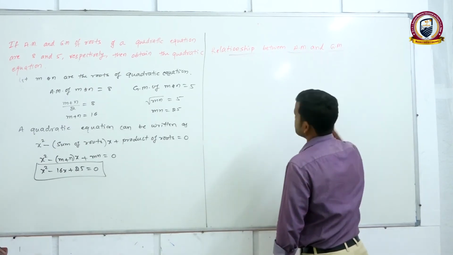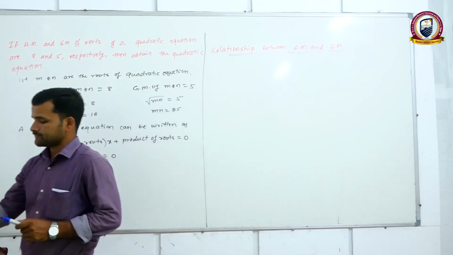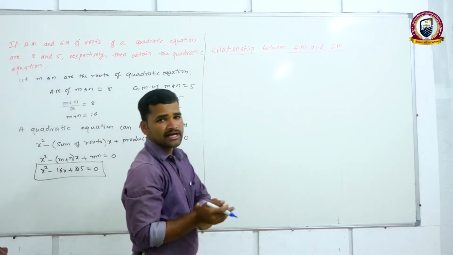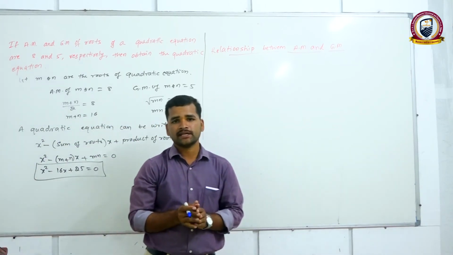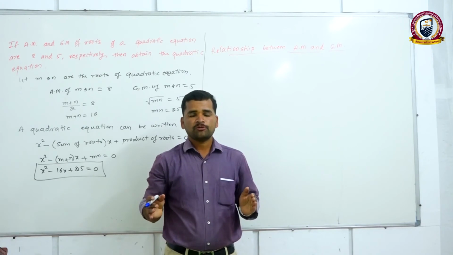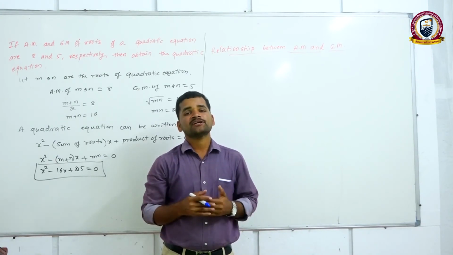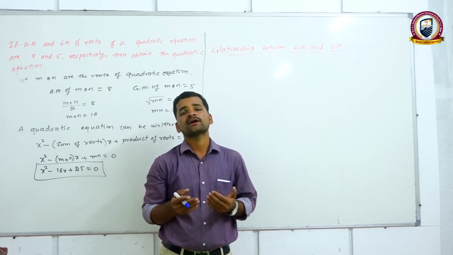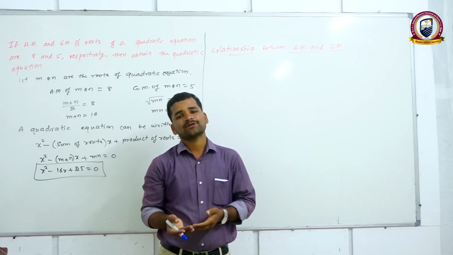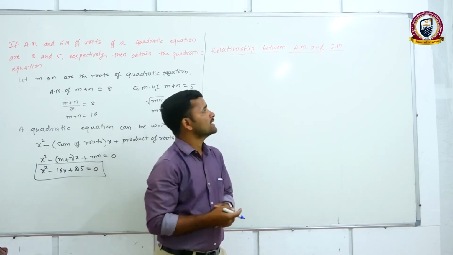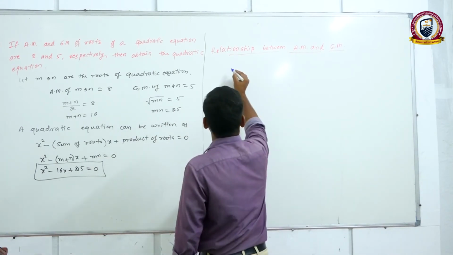Relationship between arithmetic mean and geometric mean. How they are related? Here the question is how they are related. If a and b are two numbers, their arithmetic mean and geometric mean, are they equal? Or arithmetic mean, is it greater than geometric mean? Or arithmetic mean, is it less than the geometric mean? That is our question now. Relationship between AM and GM.